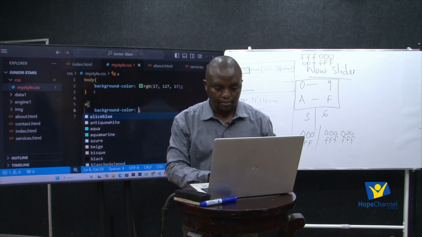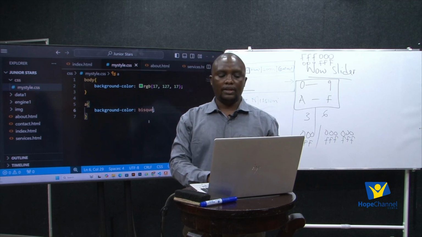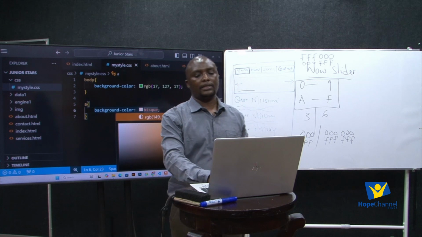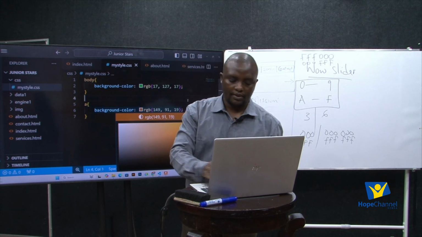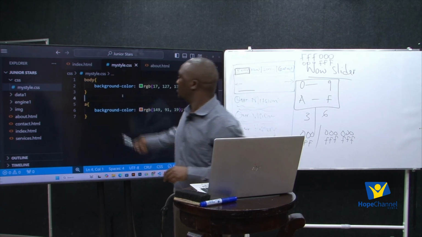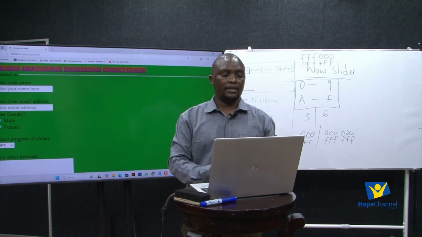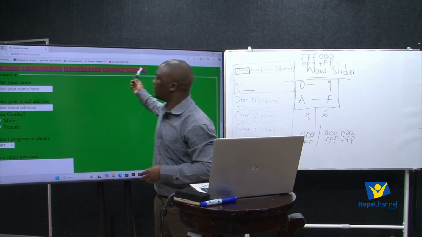So you can pick a color of your choice. Make sure the color that you are picking is not matching with the body, so that your links can at least be visible, something like this.